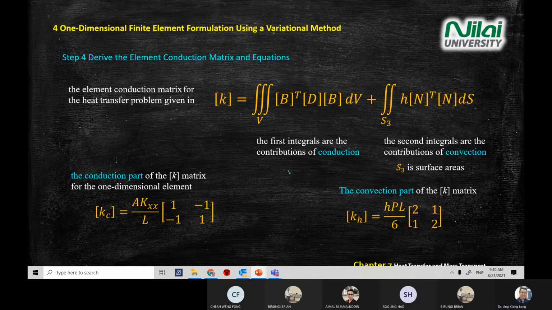So later in the next lecture, when you look at the tutorial question, you will see how we use back the concept that we learned since chapter 2. We apply it to the thermodynamics chapter, especially for heat transfer. The concept is still the same. It's only that the matrix that we use is a little bit different.